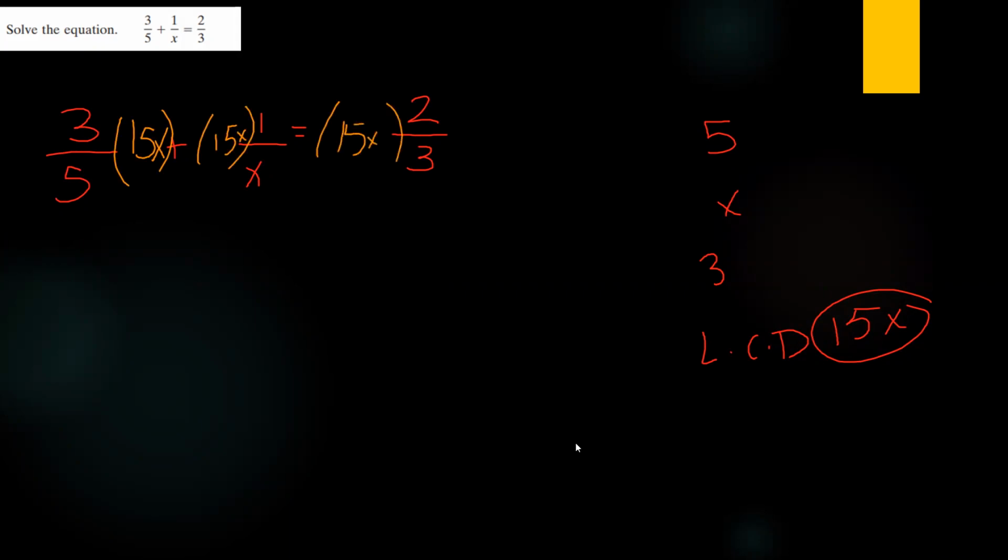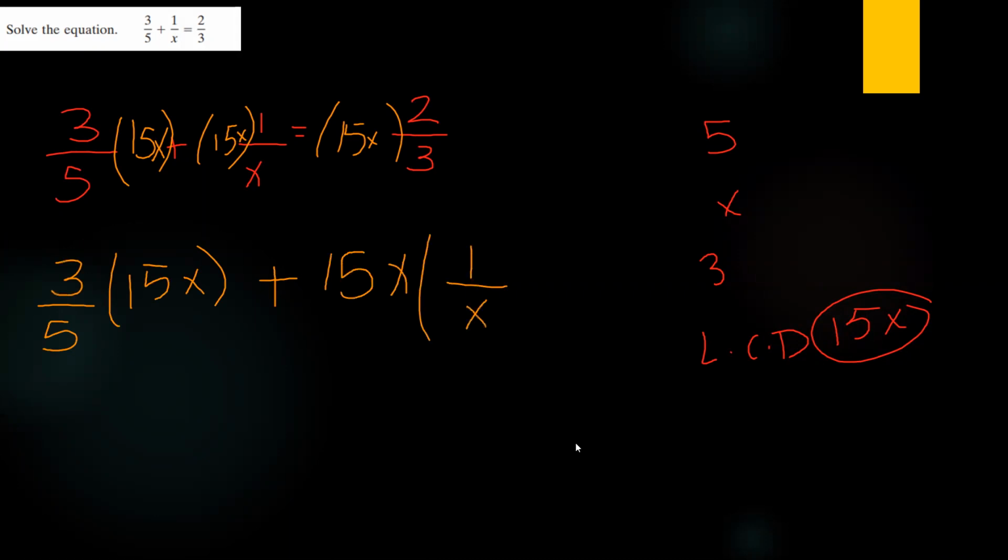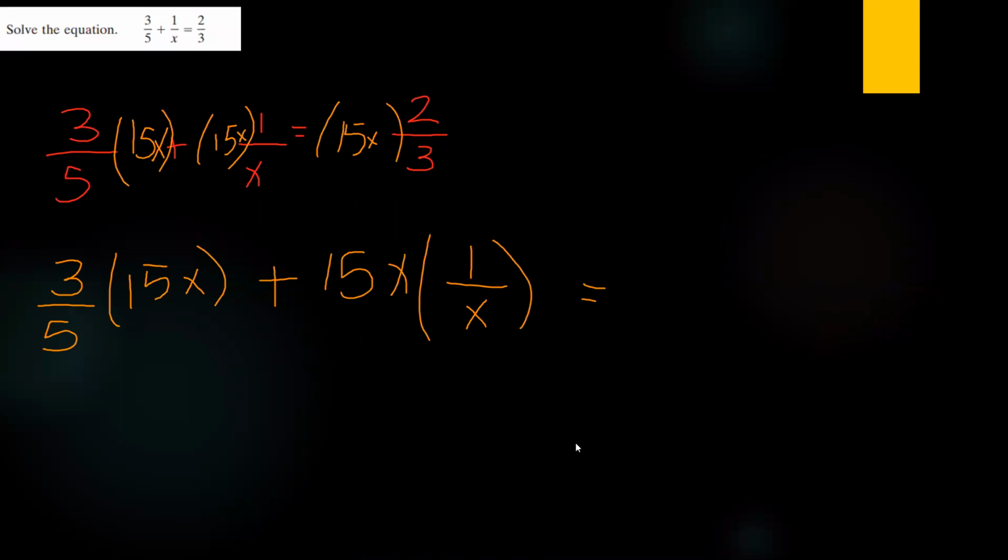You multiply it now. What did you get? You have 3 over 5 times 15x, plus 15x times 1 over x, equals 15x times 2 over 3. Then now let's simplify it.